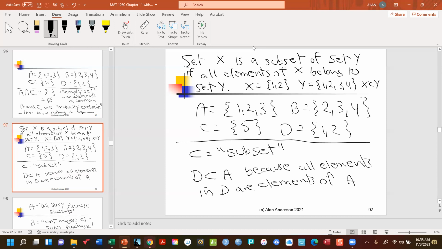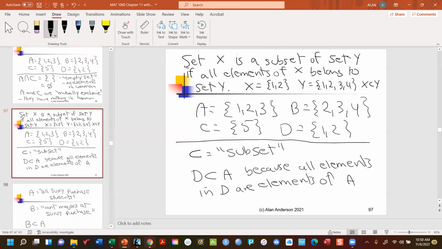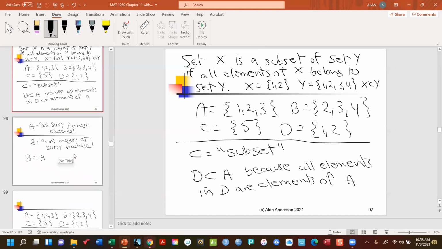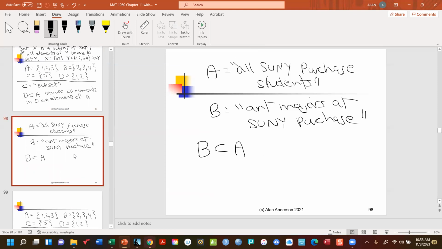So all of D is in A. And therefore, D is a subset of A. So it's a pretty straightforward concept. Here's another one. Just, you know, a practical example. A is all SUNY Purchase students. B is all the art majors at SUNY Purchase. Well, I think it's a pretty clear statement that B is a subset of A. Of course, the art majors are part of the entire student body.